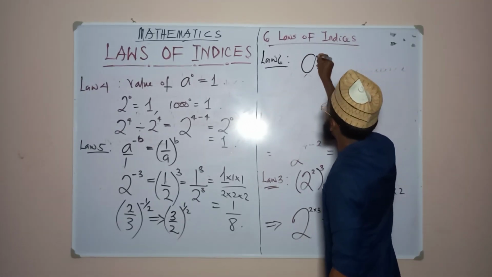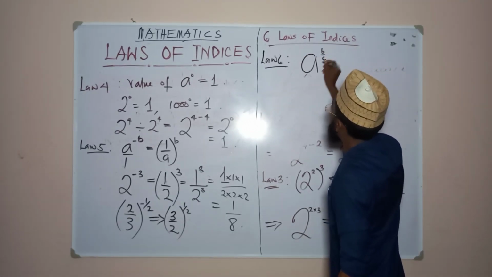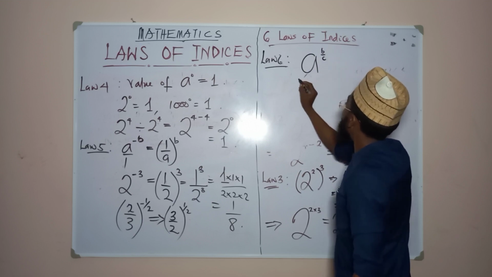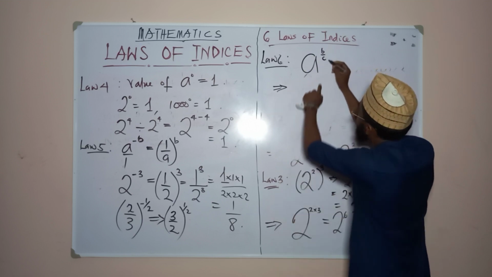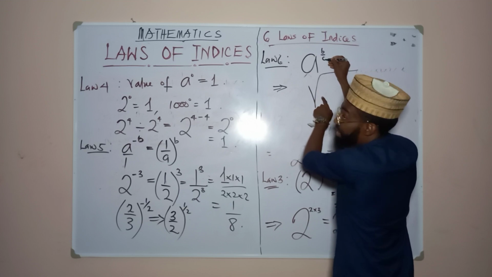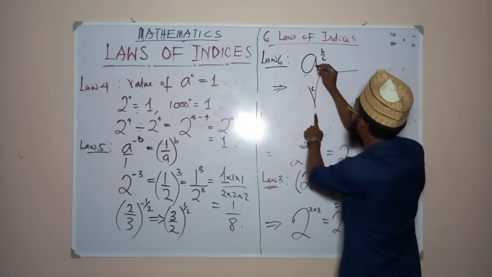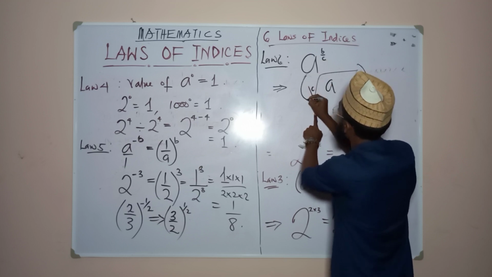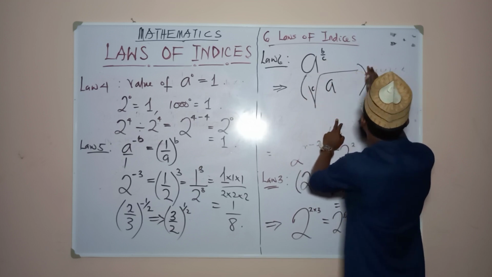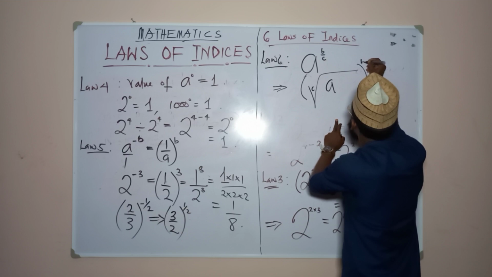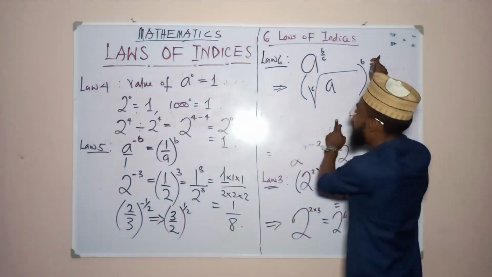We have, when you have a number or a base that is raised to a fractional power, your answer is the denominator root of that number. Just take the denominator root of that number, put a inside the root symbol, and then use the numerator as the power.